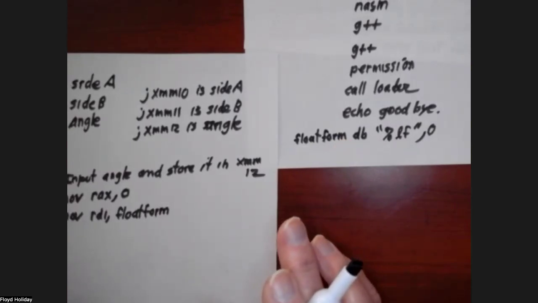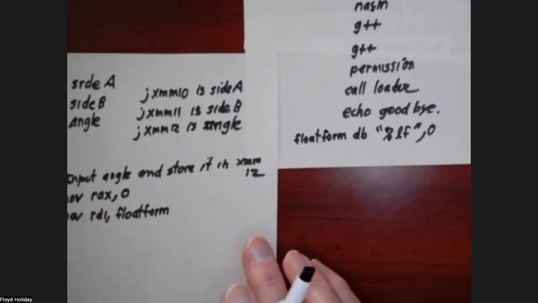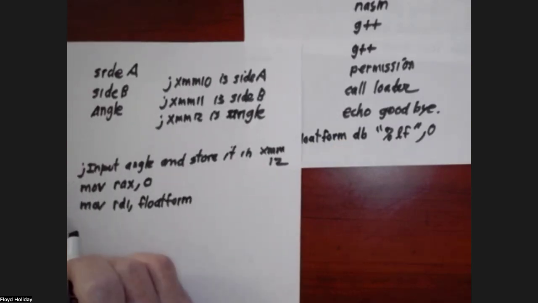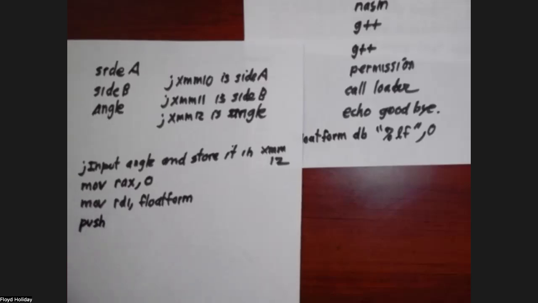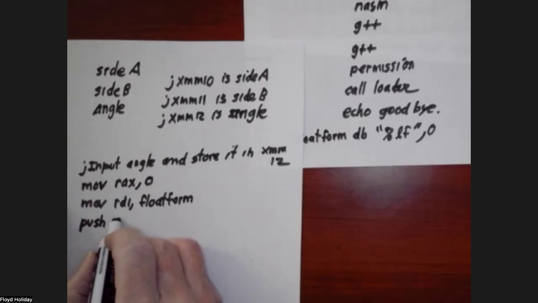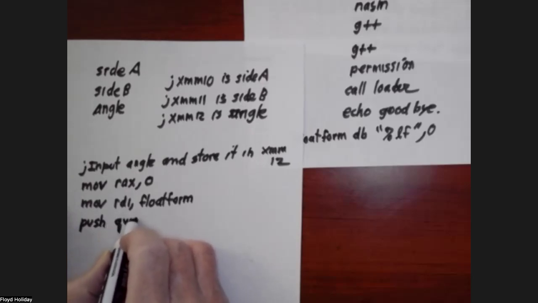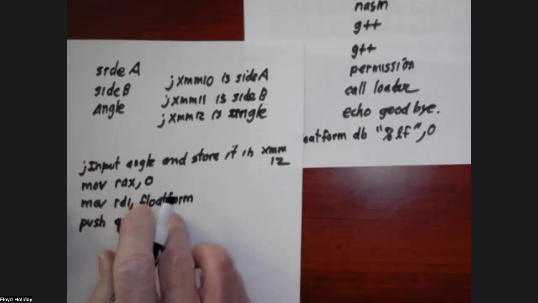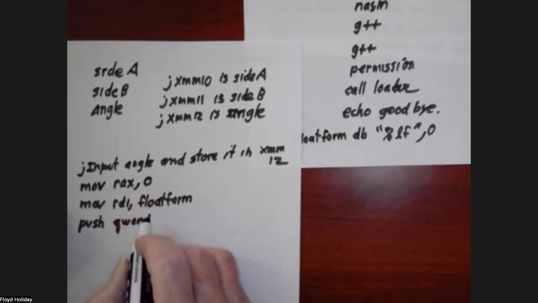Scanf needs a pointer in the second parameter. The pointer points to the memory location where this number is going to go. So we need a pointer. The easiest one to work with, because it's right at hand, is RSP. So I'm going to push, actually, I can put any dumb number here you like.